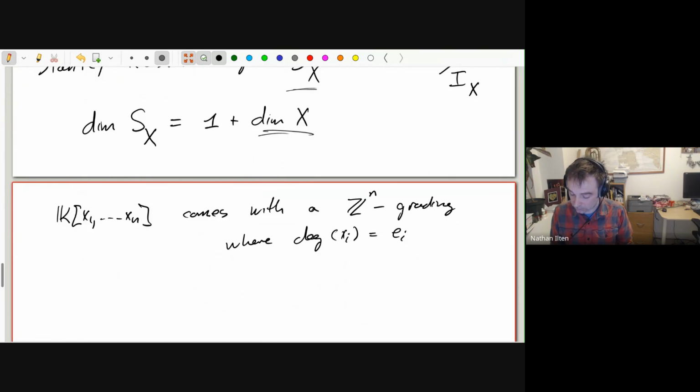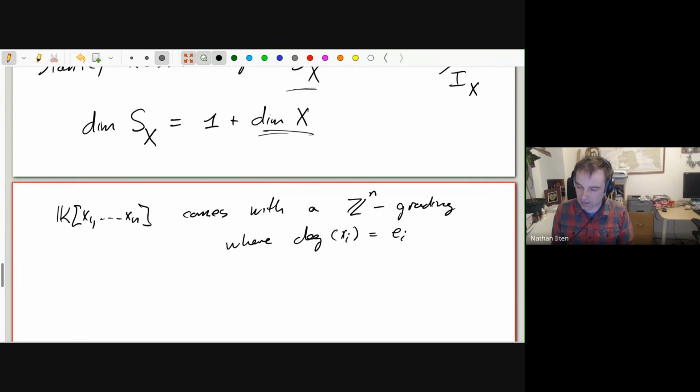So this is something that's much finer than the usual Z grading that you think about in a polynomial ring. And now the point is that the generators for our ideal Ix are homogeneous with respect to this grading, since they're all monomials.